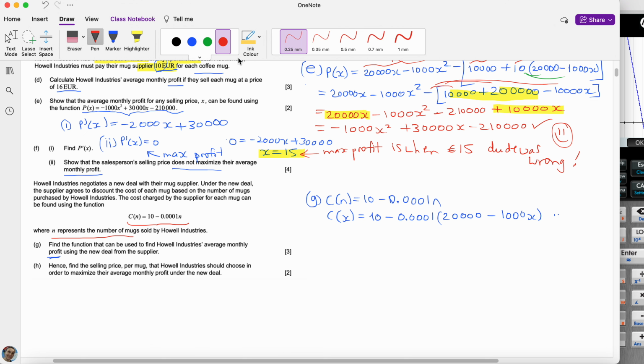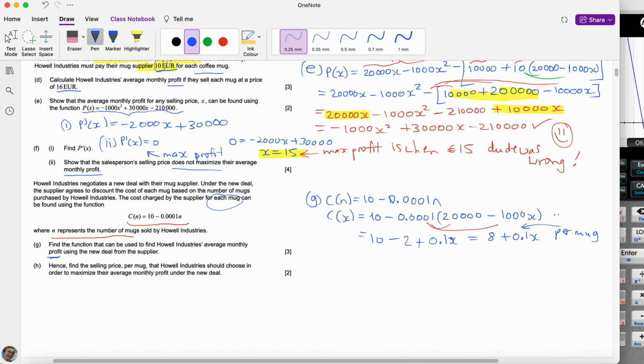Okay, so now very carefully multiplying this through, we're going to have 10 minus, so this multiplied by this ends up being 2, and then minus minus, that's going to be a plus, and then this is going to be 1x, and then this is going to be 8 plus 0.1x. Okay, so this is their new cost per mug. This is where I went wrong before, okay?